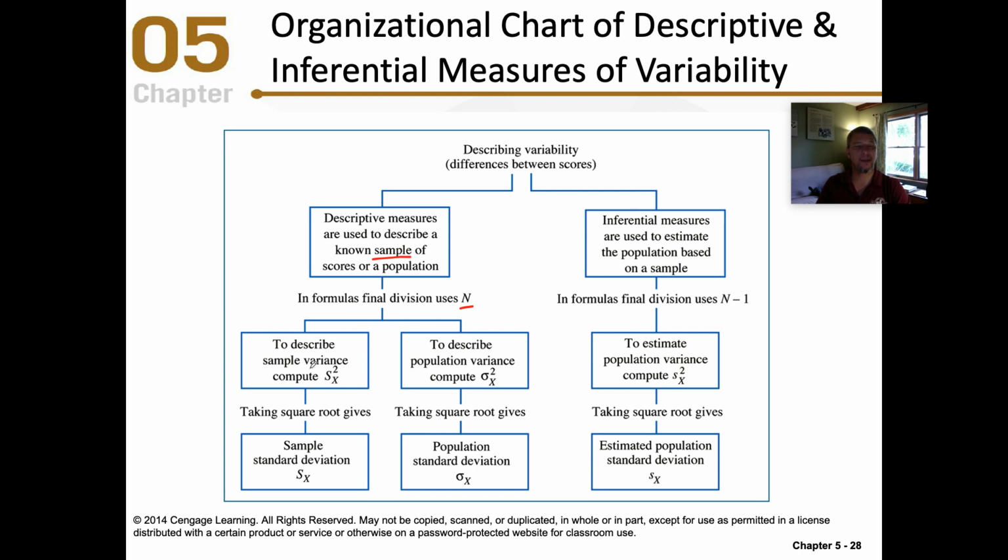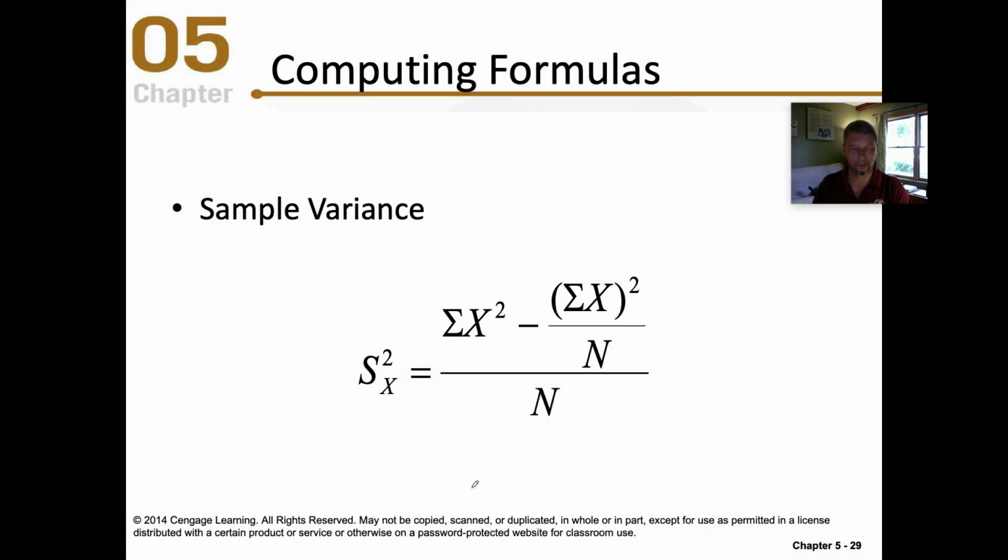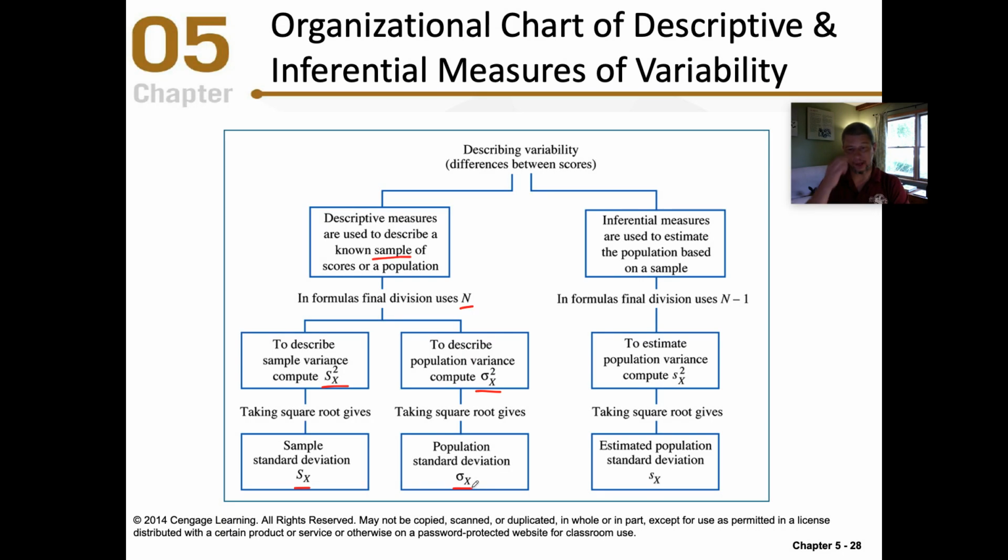To describe the sample variance, you simply compute capital S squared, and taking the square root gives me capital S. To describe the population variance, if I actually do measure all of the members of a population, I use this symbol squared, and taking the square root gives me the standard deviation, I use this.